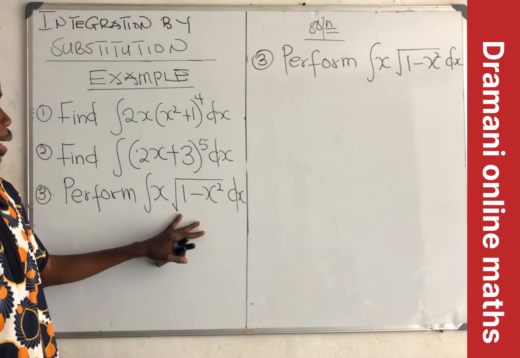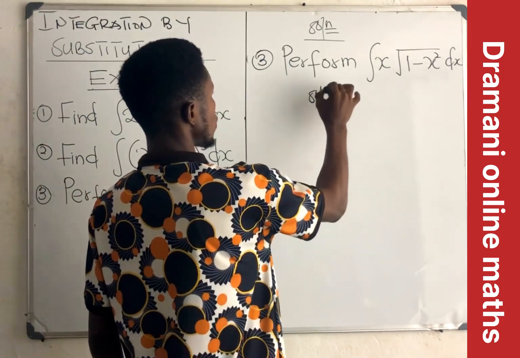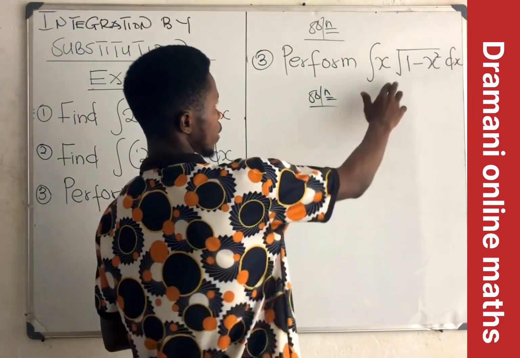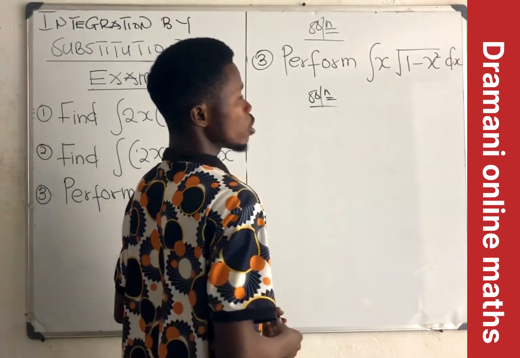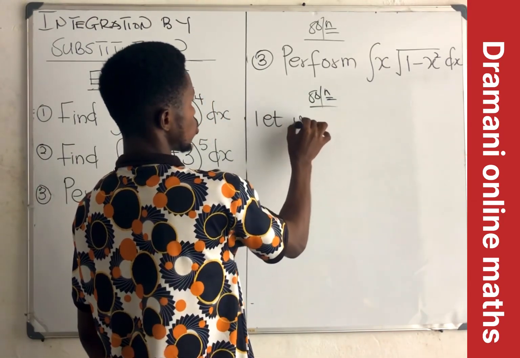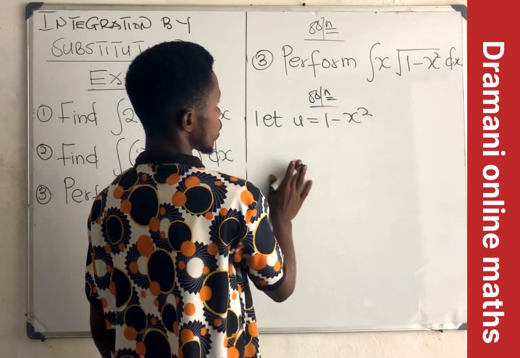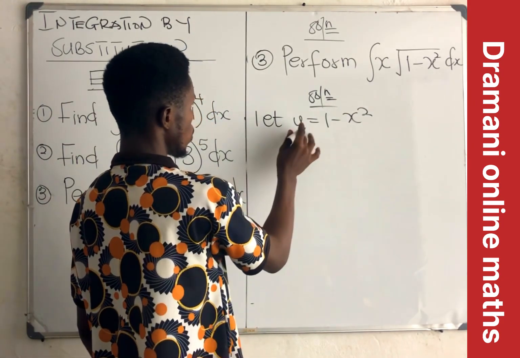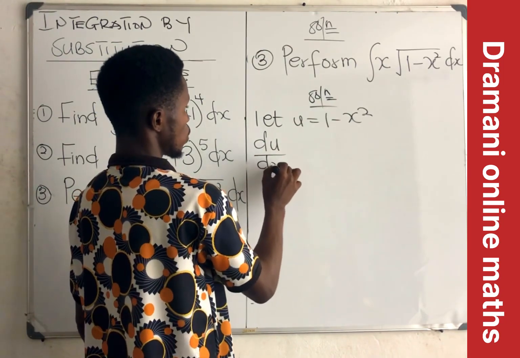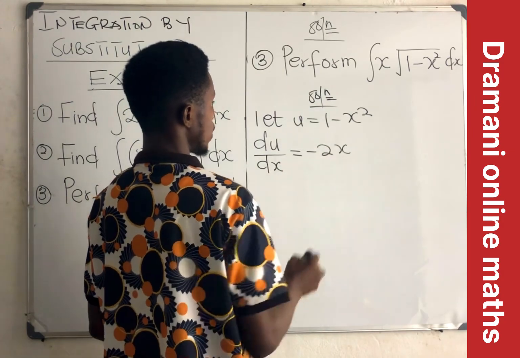So let's look at the third one. Here too, the same procedure, because we cannot simplify this for this one to multiply that. So you let u be equal to the one under the root, 1 minus x squared. You differentiate this: du/dx equals minus 2x.